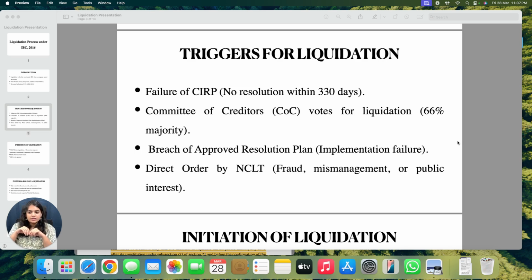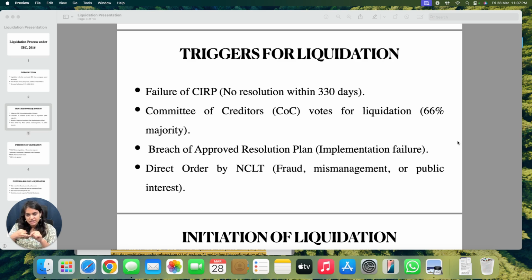If a resolution plan is to be accepted, the resolution plan needs to comply with certain criteria provided in Regulation 39, which provides that operational creditors need to be paid in priority.